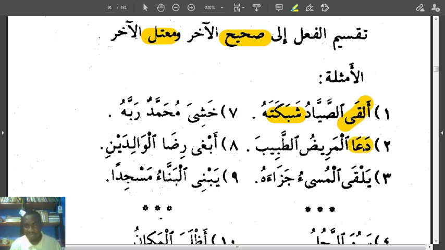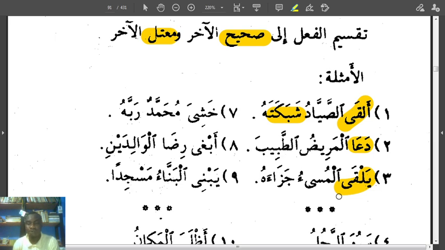Da'a, another verb. Da'a al-maridu at-tabiba. The patient, al-marid, the sick person, called the doctor. Yalqa al-musi'u jaza'ahu. The verb here is yalqa. Al-musi'u is the culprit or the one who commits a crime, from the verb asa'a, to do wrong.